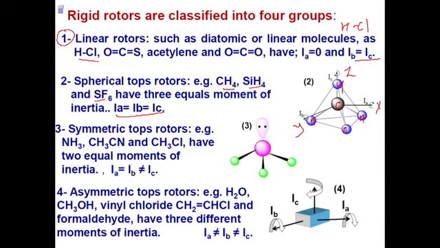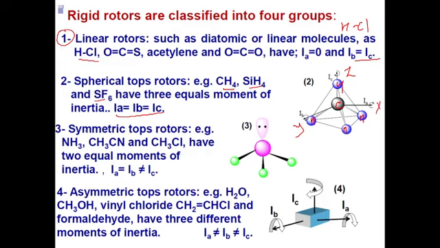That means they have the same distance, and at the same distance there is an atom. That's why their moments of inertia are the same. That's why this type of molecule is called a spherical top rotor. Examples are CH4, SiH4 and SF6.